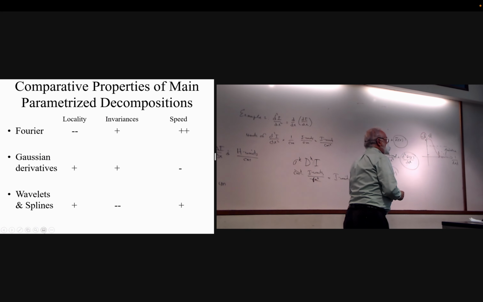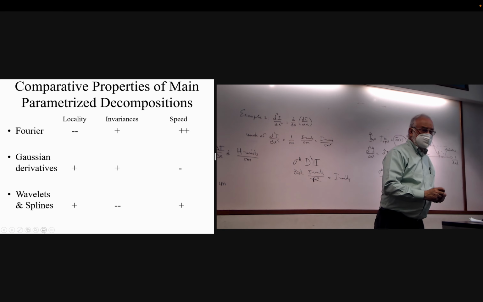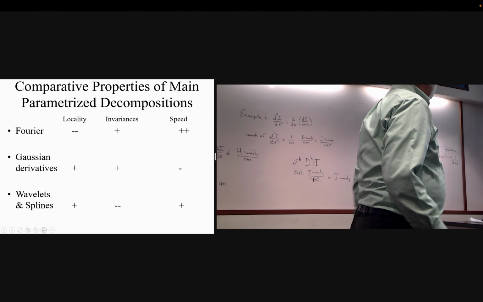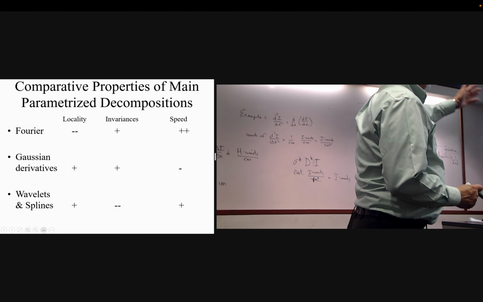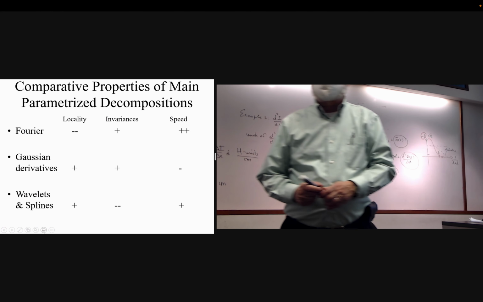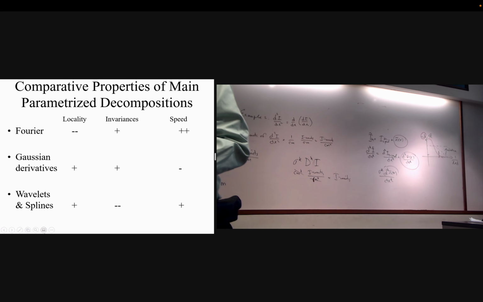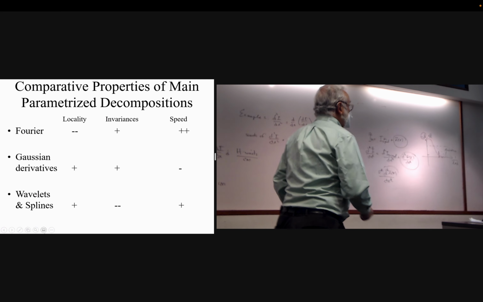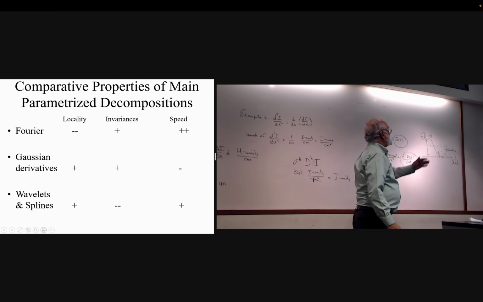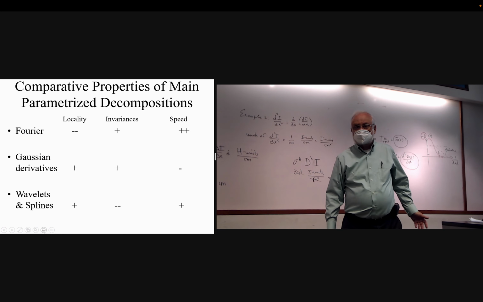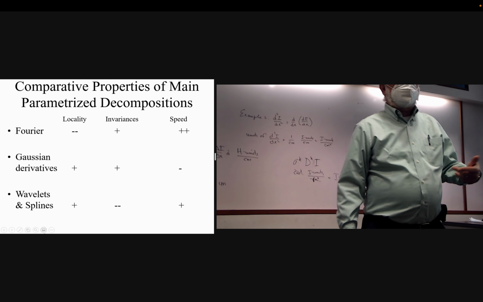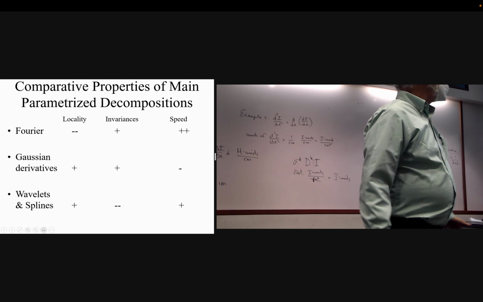This is the last slide. We've talked about these various decompositions of images in terms of bases. Some of them global bases, some of them bases with locality and scale. And the 3 basic ones we've talked about are the Fourier basis, the sinusoidal basis, the Gaussian derivatives, where order is level of detail.